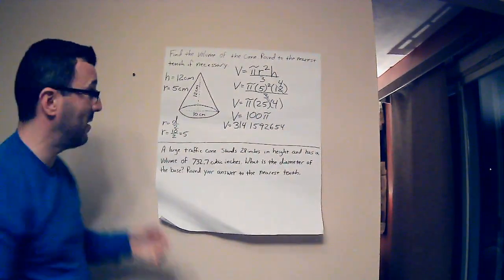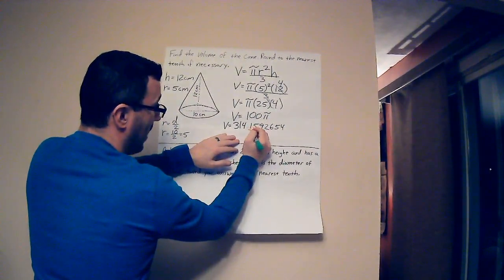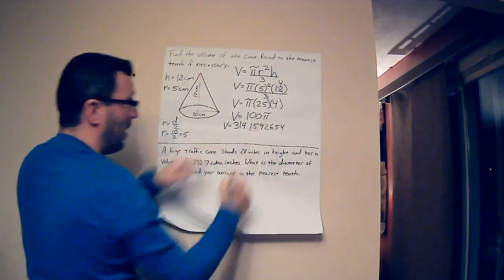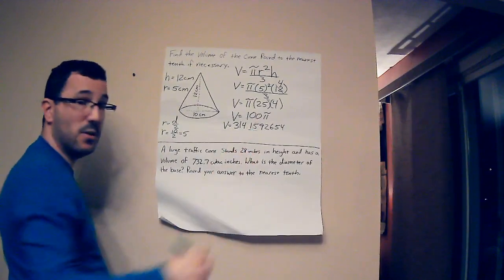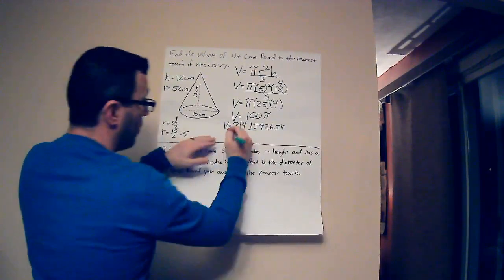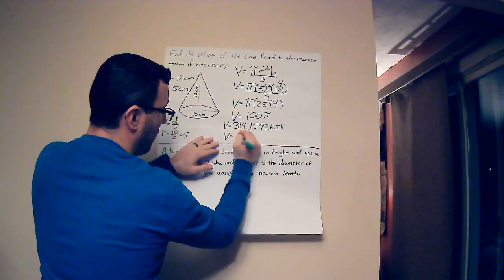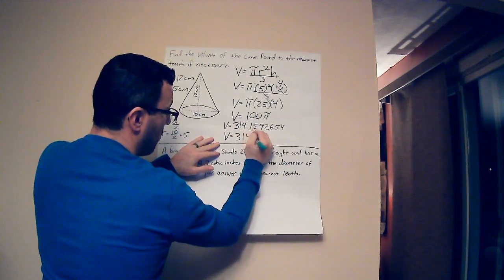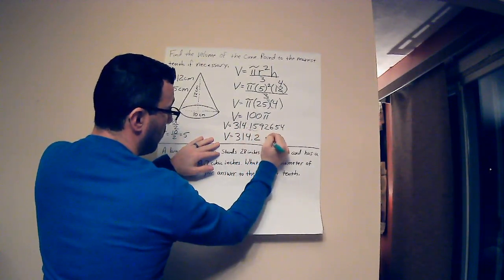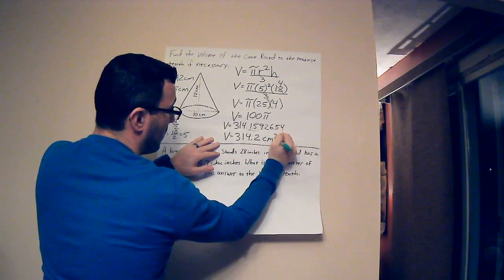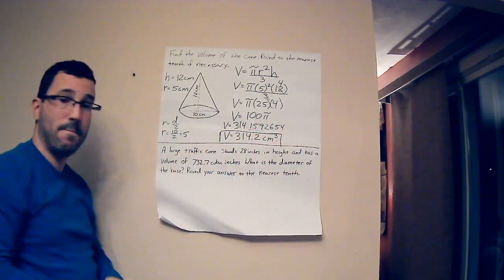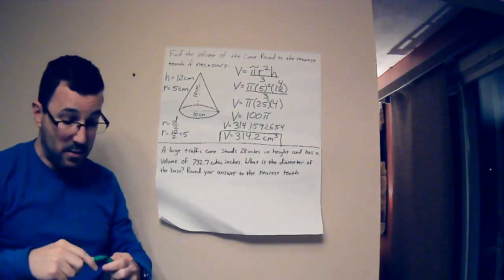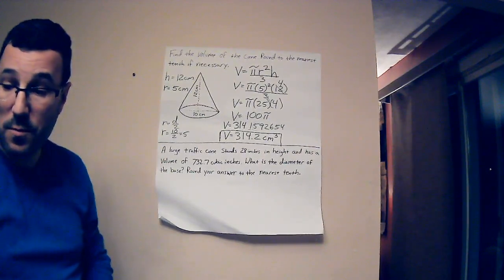We're rounding to the nearest tenth. Here's the tenth, but we have to look at the number right after it, which is the 5. The 5 makes the 1 go up. So our volume to the nearest tenth is 314.2 centimeters cubed. Okay? So that's how we find the volume of a cone.